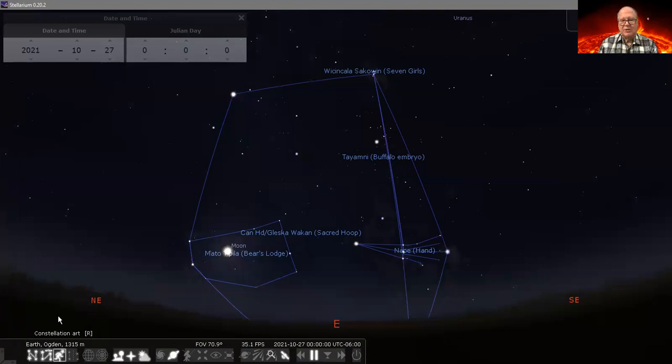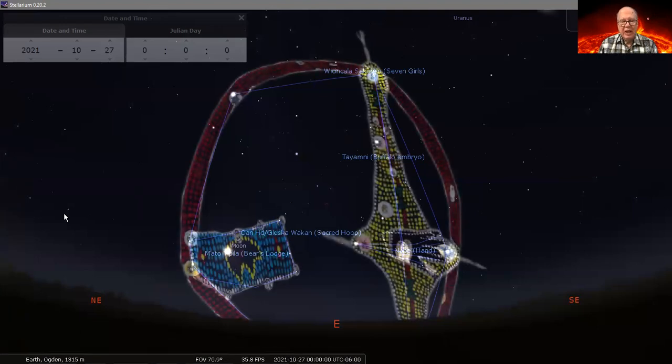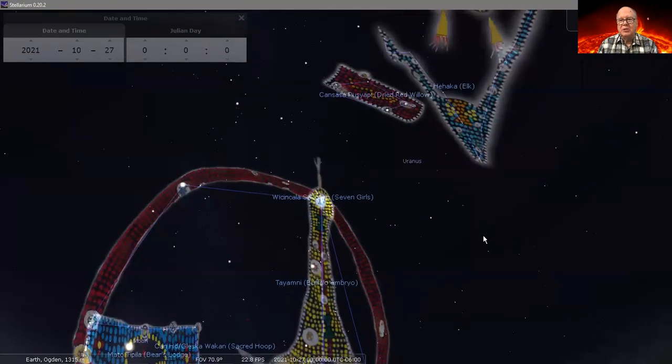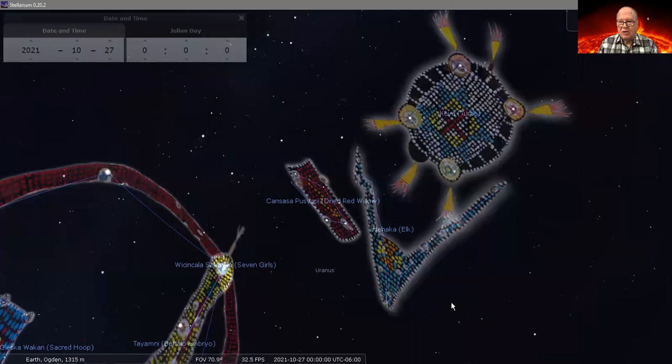And let's see the figures. Oh my gosh, very colorful constellations here in this Lakota cosmology. And if I just move around to other parts of the sky, we see a turtle, we see an elk, we see dried red willow.